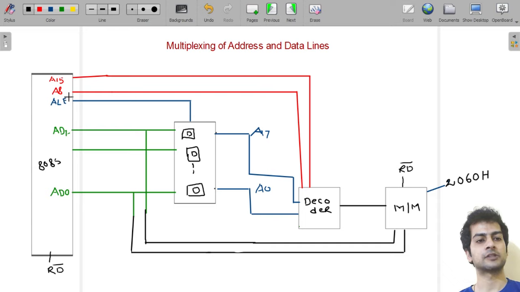Now the microprocessor wants to communicate with this memory, read the data present in it, and then bring that data back into the processor.